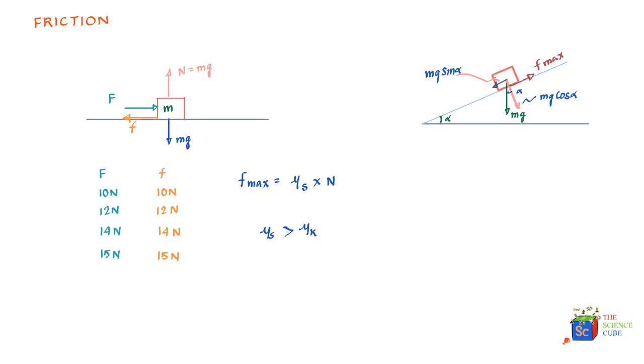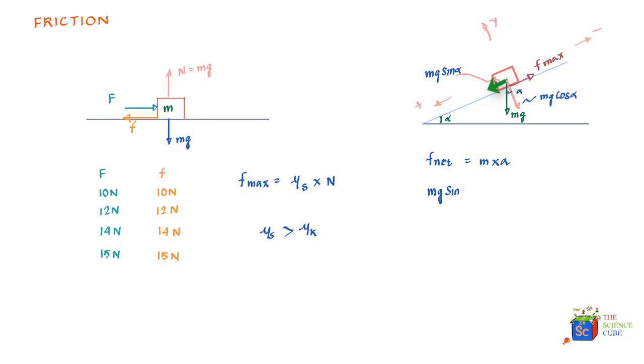So given this situation, we'll go ahead and apply Newton's second law of motion, where we say that the net force acting on an object is equal to its mass into the acceleration. So if we assume this as the x-axis, and we assume this as the y-axis, taking positive in this direction and negative in this direction, then there's one force acting in the downward direction, which is mg sine alpha, and we'll keep it positive.